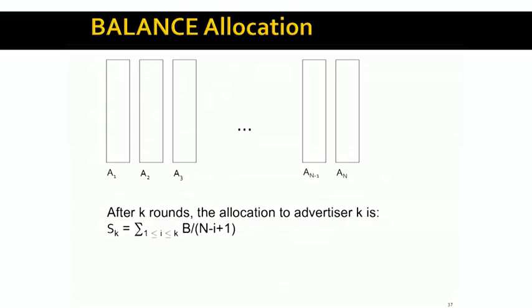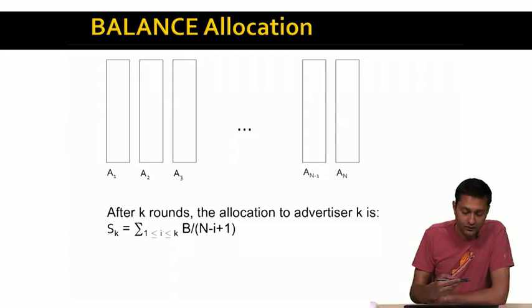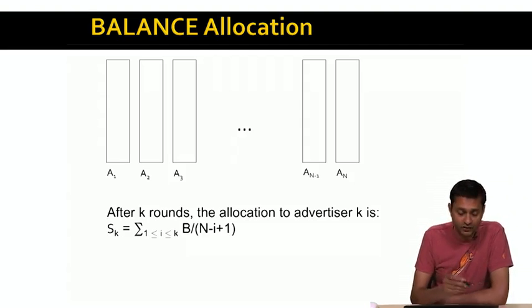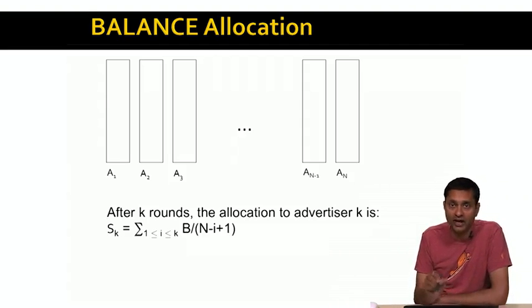Now let's just imagine that these empty rectangles represent the unspent budget of each of the advertisers A1 through AN. And as we assign queries to the advertisers, we're going to color these rectangles. When the round 1 queries come in, it's easy to see that the balance algorithm is going to assign an equal number of round 1 queries to each advertiser A1 through AN.